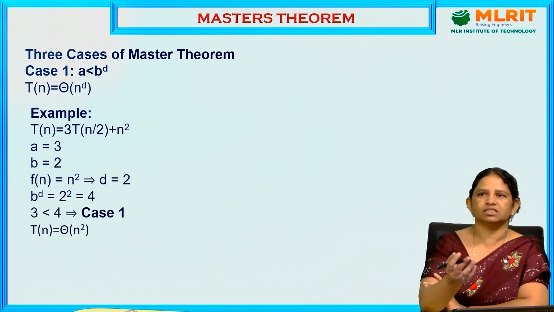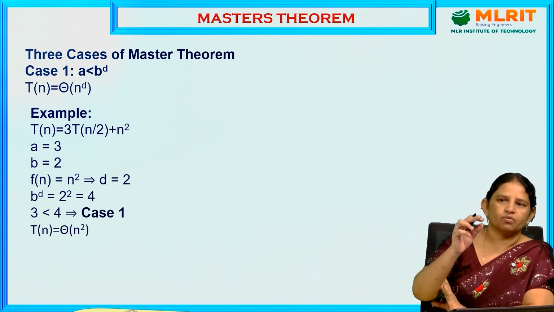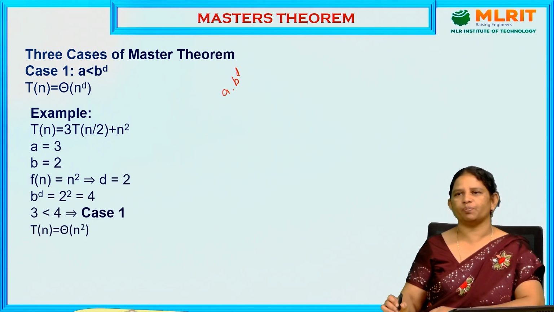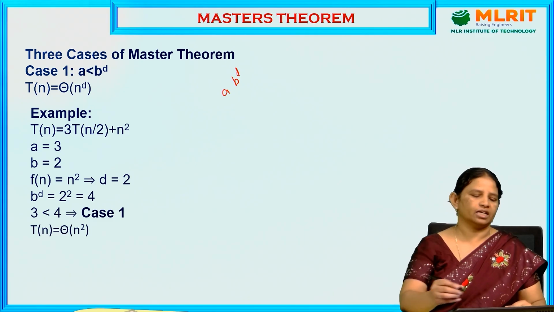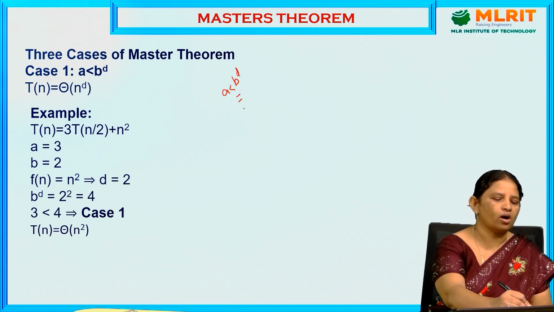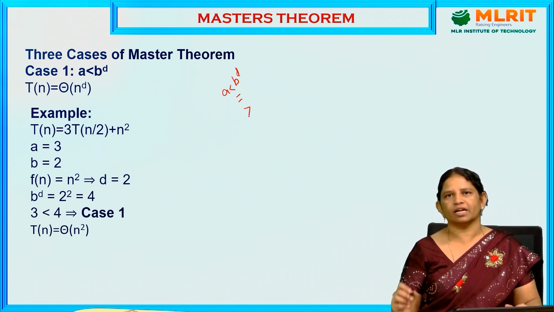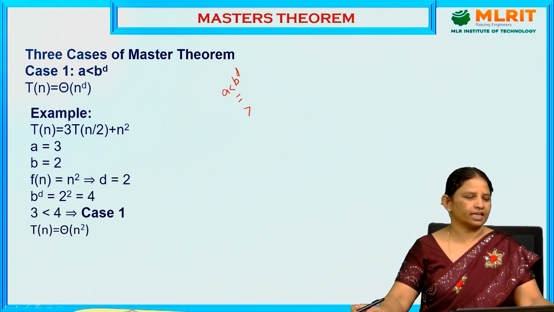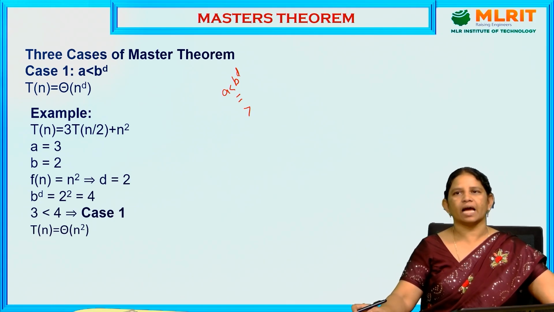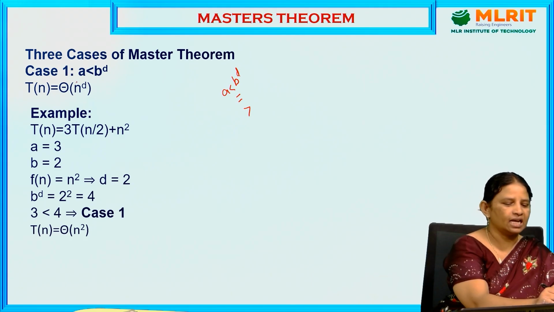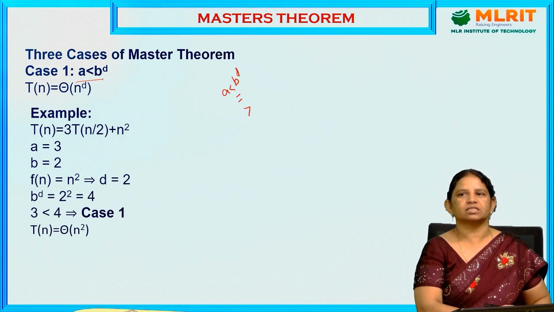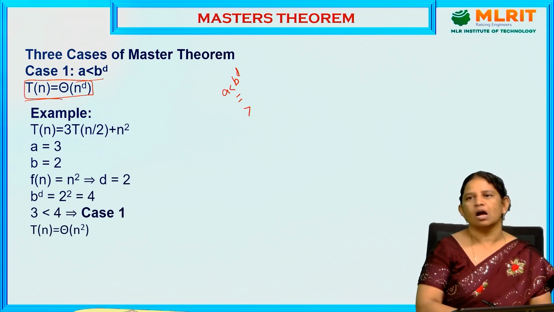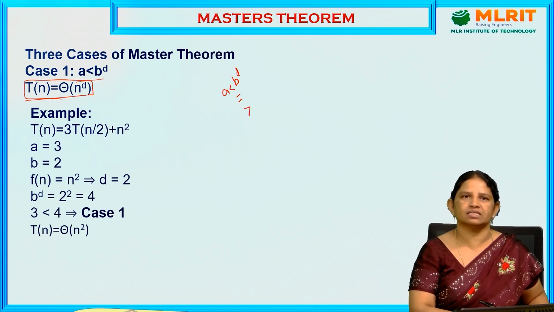We need to concentrate on the values of a and b power d. What is the relation between them, whether it is less than, equal, or greater than? Depending on that, we apply case 1, case 2 or case 3. Coming to case 1, if a is less than b power d, the time complexity is T of n equals theta of n to the power of d.